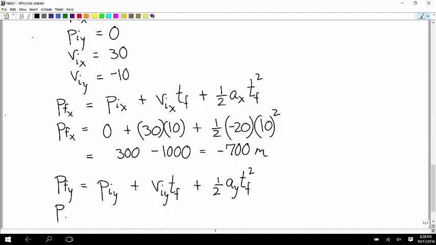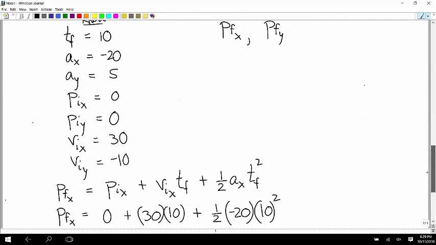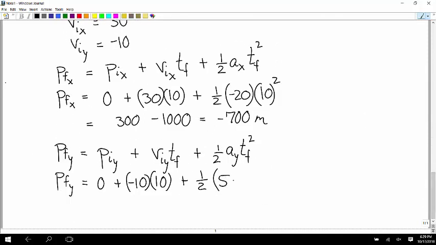So PFY is equal to 0 plus -10 times 10 plus 1/2 times, what was the acceleration? +5, times 10 squared.